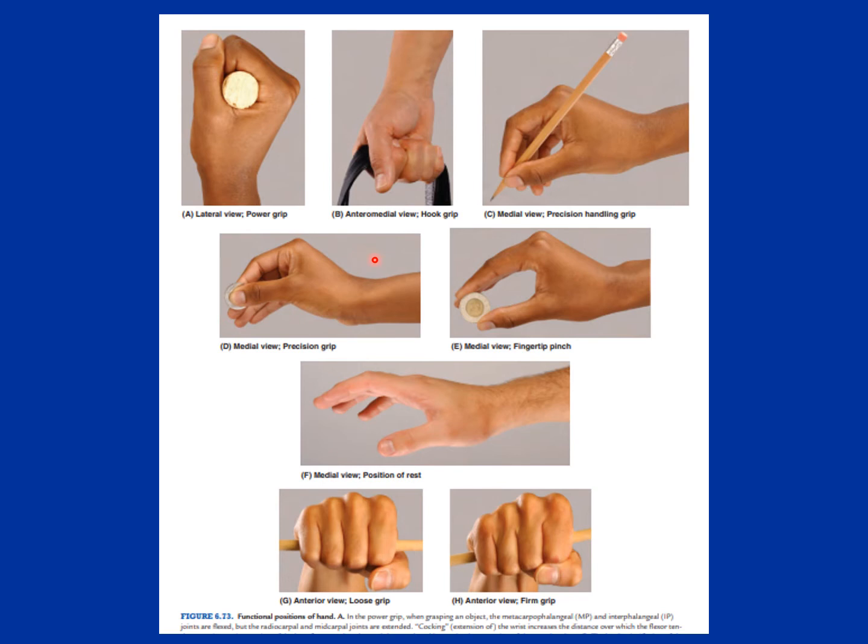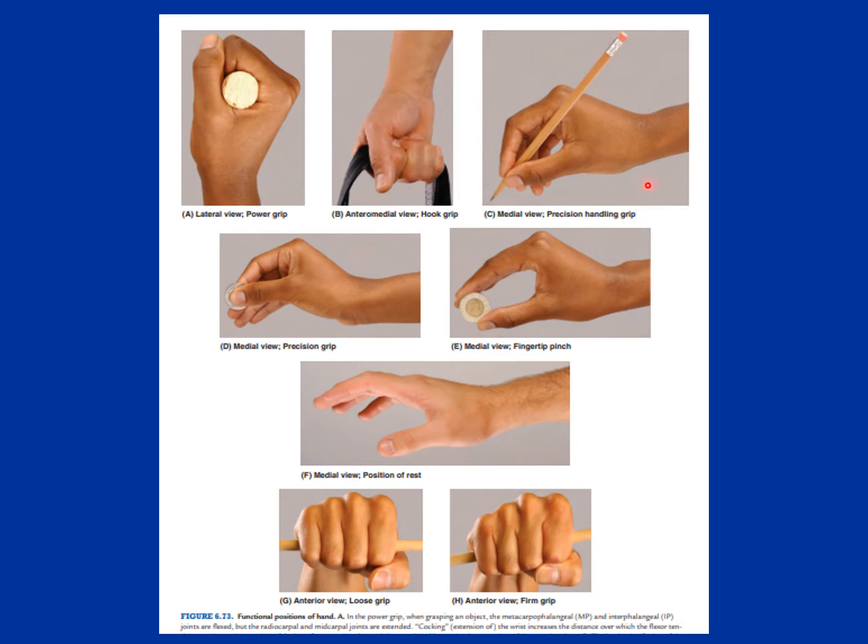So here is a look at different types of movements of the hand. This type of movement is known as the power grip. When you hold something in the hand, like making a fist, that is the power grip. Then a hook grip, like when you take a bag, you make a hook-like grip.